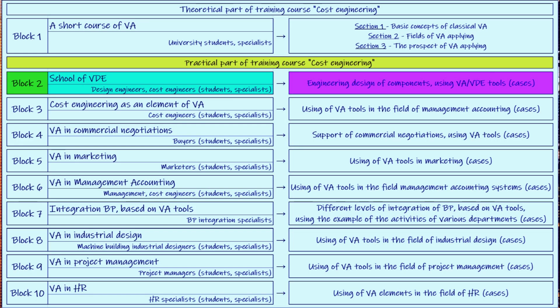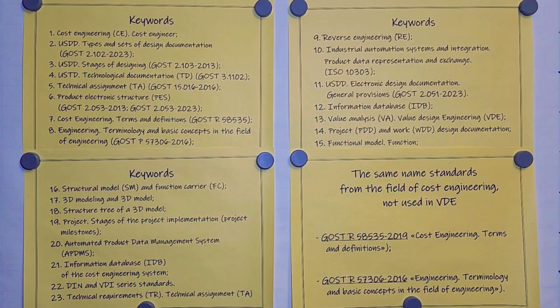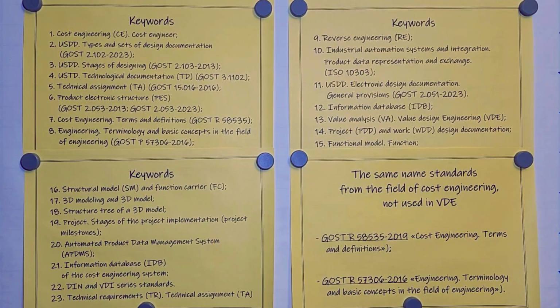The issue discussed in the video Value Design Regulatory Support relates to Block 2, School of Value Design Engineering of the training course Cost Engineering. As part of the review of the regulatory support of value design engineering, I will not refer to the educational and reference literature.